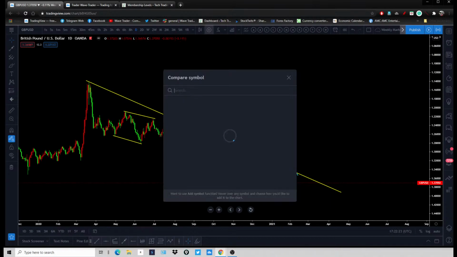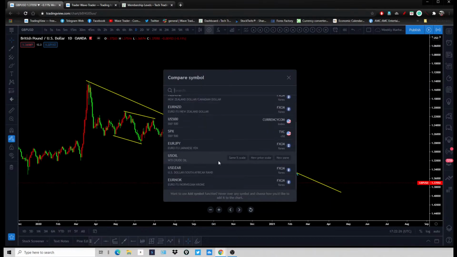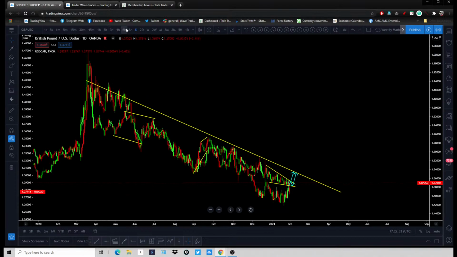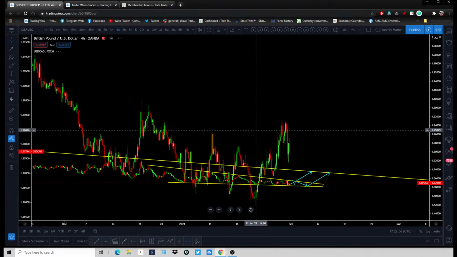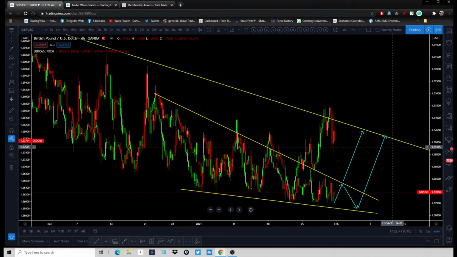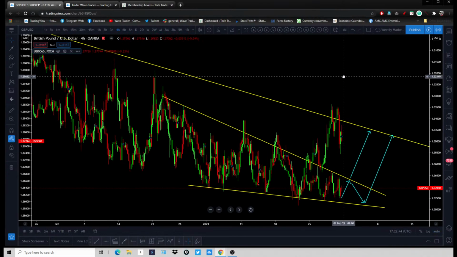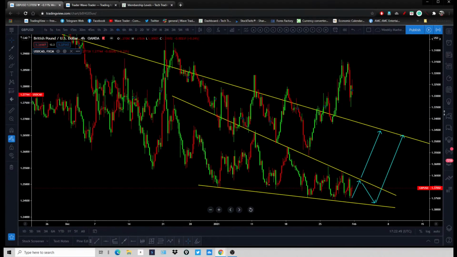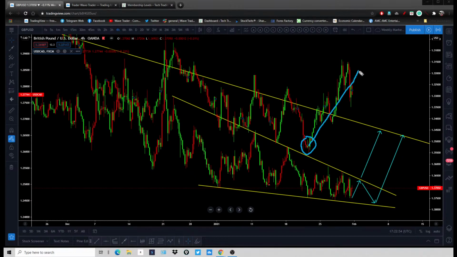If I pull out my dollar CAD chart and look at the lower time frame, what we were looking for on the dollar CAD was a buy from there. I showed you that buy opportunity at the start, and you have the same buy opportunity on the pound dollar chart.